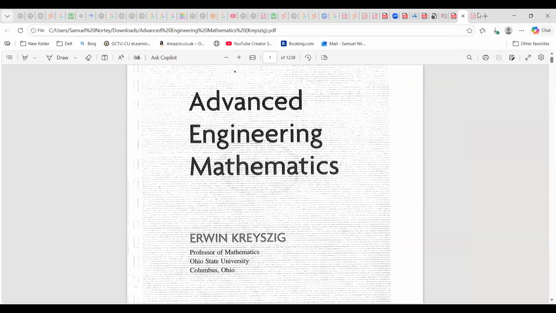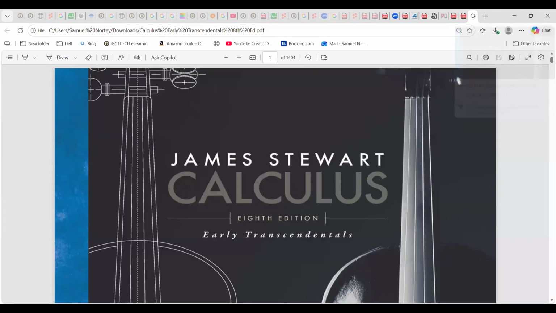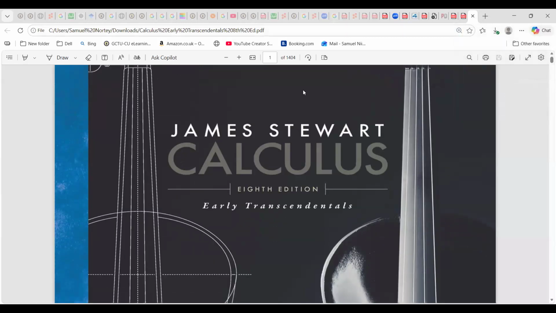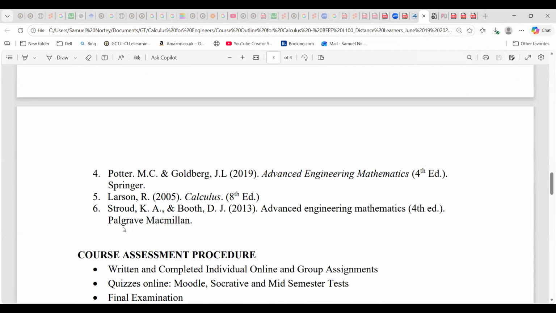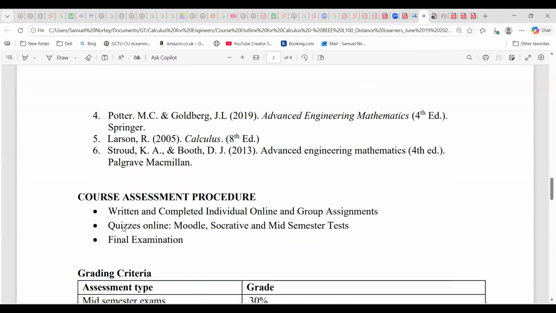And then the third one is Calculus Early Transcendentals. So this site can help you download some of the course books. So if you are interested in doing that, you can get access to, if not all, some of them.